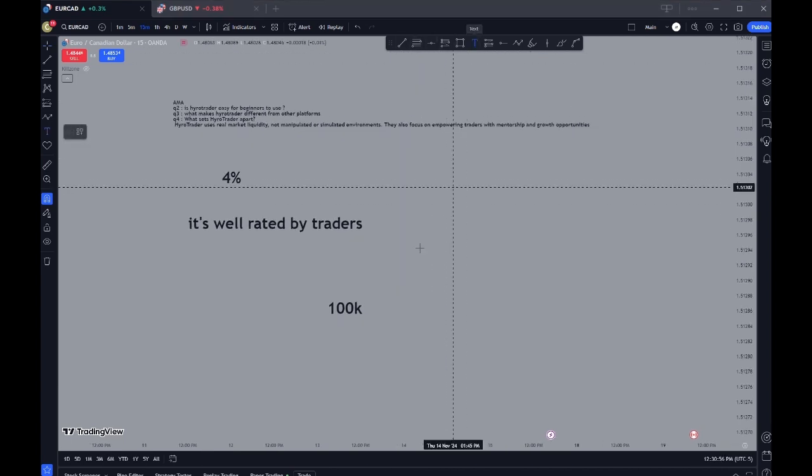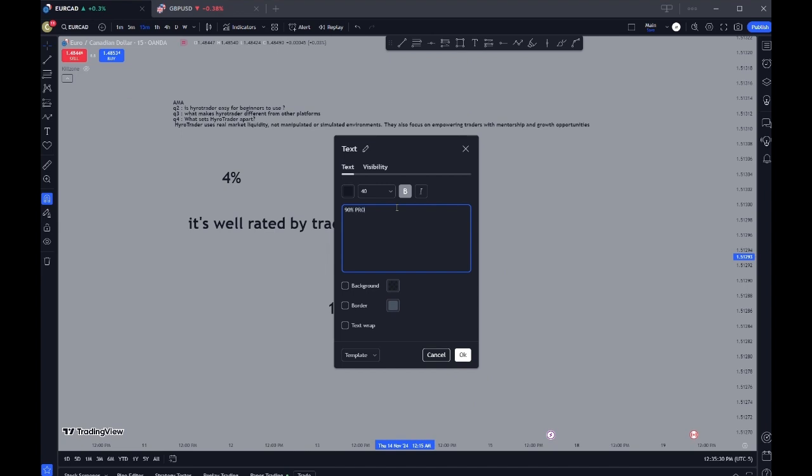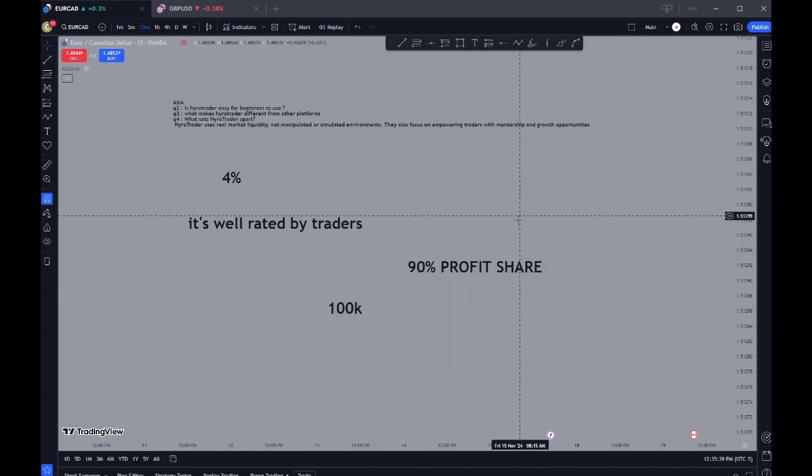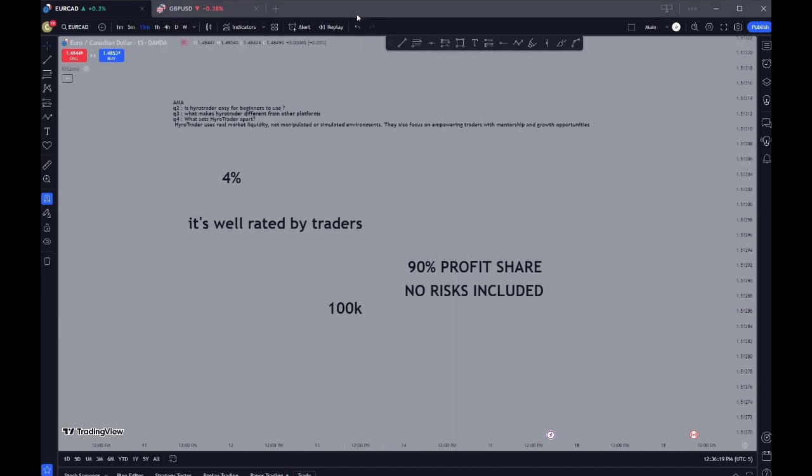The payout is very good. Their prices are good for a 90% profit share for the 5k funded account.